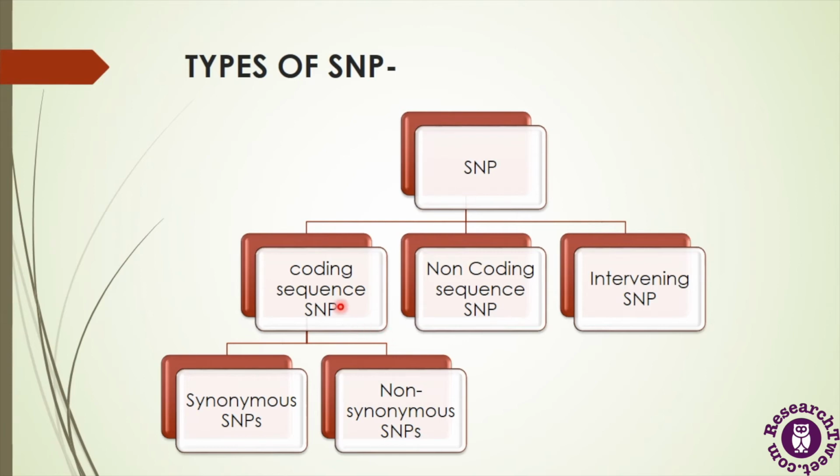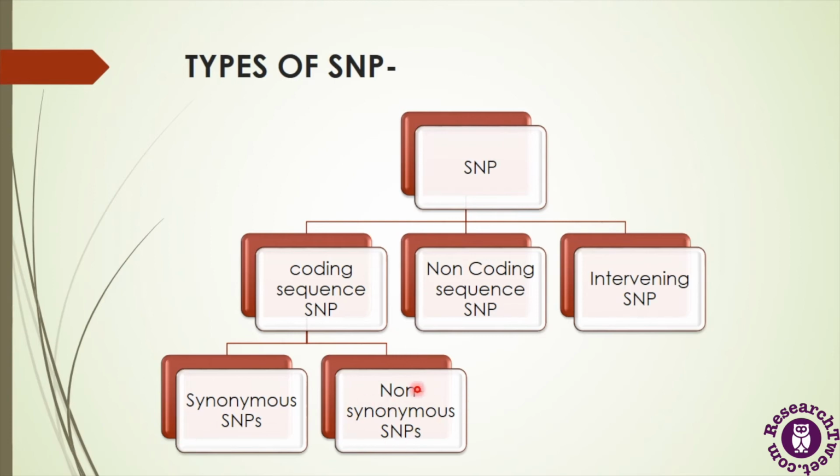Another type of SNP is the coding sequence SNP, where the nucleotide polymorphism occurs in the coding sequences, and these are of two types: synonymous SNPs and non-synonymous SNPs. Synonymous SNPs do not result in a change of amino acid in the protein, but they can affect other functions in many ways.